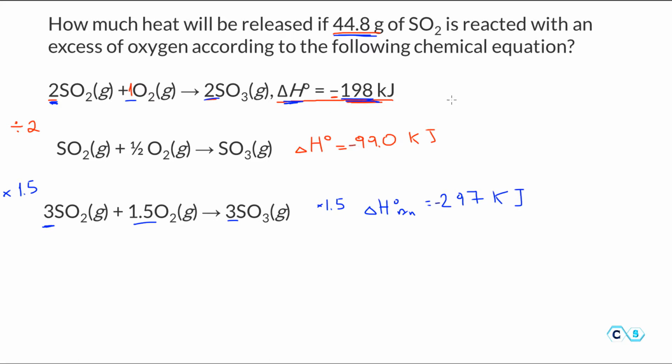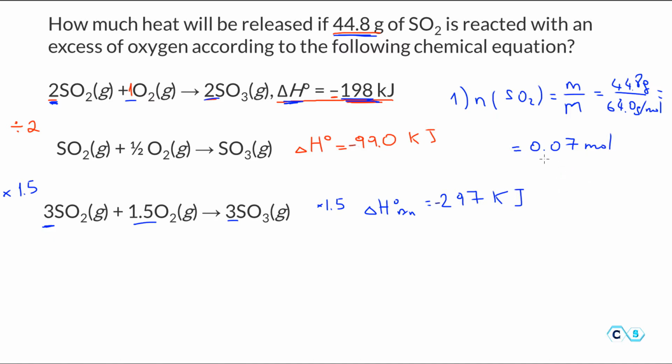So the first step here is to find the number of moles of sulfur dioxide. We have this formula, mass over molar mass, and if we do it, this is equal to 44.8 grams over 64.0 grams per mole, and this is equal to 0.7 moles of SO2.